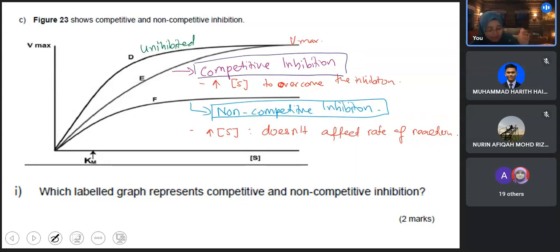But for graph E, it shows you the graph with the presence of competitive inhibitors. How do you know that is the graph that shows competitive inhibition? Because as you can see, initially in the presence of competitive inhibitors, the rate of reaction decreases from the normal reaction without any inhibitors.